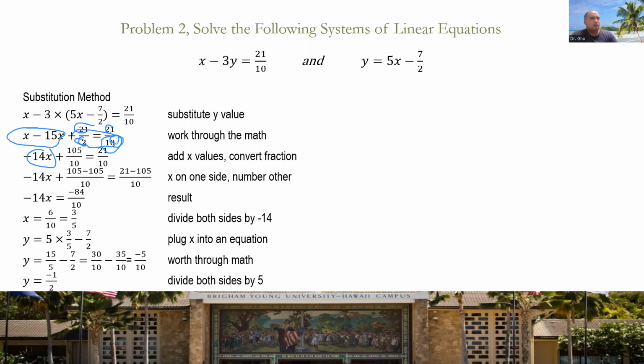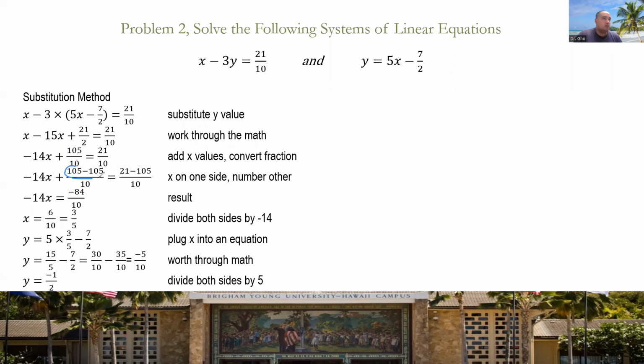So it makes sense to make them a lot easier just by taking this thing right here, multiplying the top and the bottom by 5. You multiply something, the top and the bottom, by the same number, you essentially multiply it by 1. Anytime you multiply something by 1, it is itself. So that we can do that. That gives us negative 14 minus 105 over 10 equals 21 over 10.